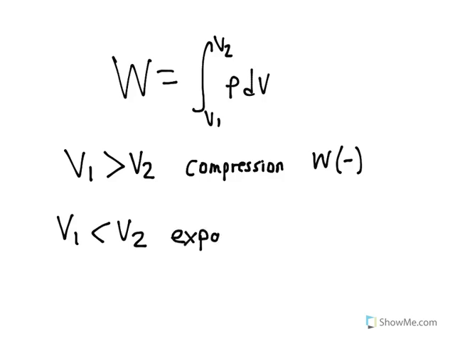The work on an expansion is a positive work, because the difference in volumes is positive and pressure is always positive. In the other case, compression, the change in volume is negative and the pressure is always positive, so the work is going to be negative.